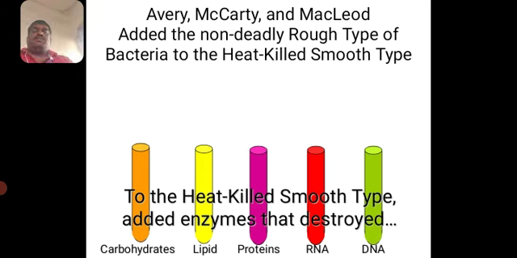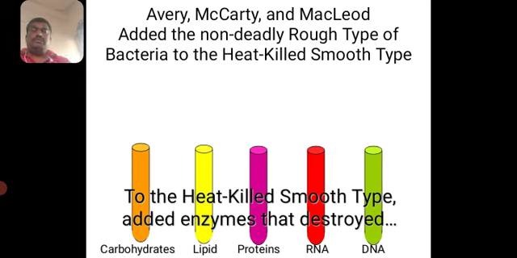The enzyme which denatures carbohydrate is a saccharolytic enzyme, the enzyme which denatures lipid is a lipase enzyme, the enzyme which denatures protein is a proteolytic enzyme or protease, the enzyme which denatures RNA is an RNase enzyme, and the enzyme which denatures DNA is a DNase enzyme.